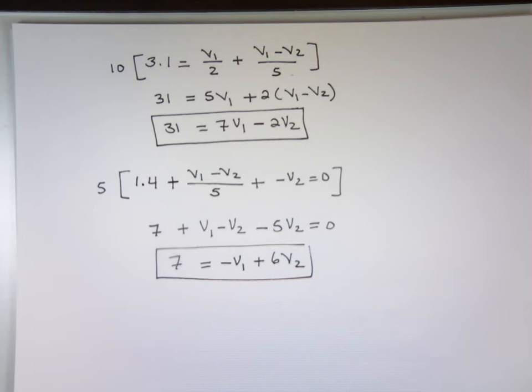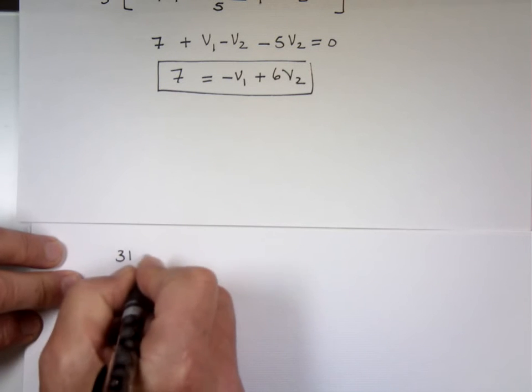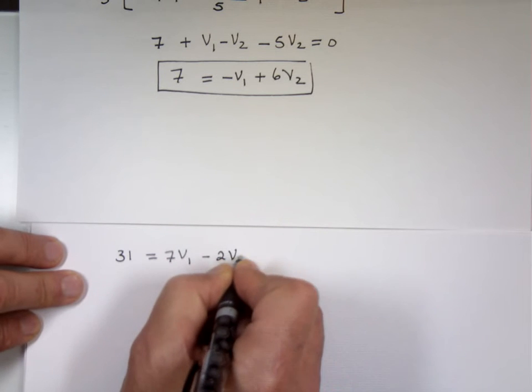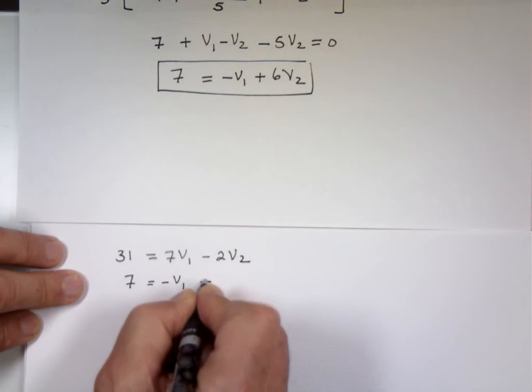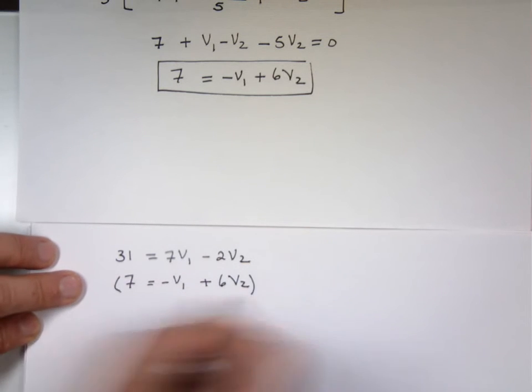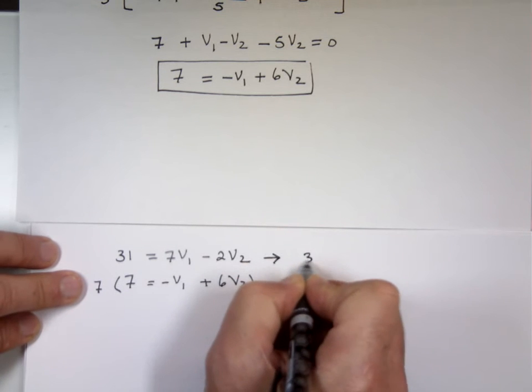Now let's solve them. Now the circuits is over. Now bring in the math. Here's my first equation. And here's my second equation. I can multiply this equation by 7 and use the elimination method. Leave the first one alone.